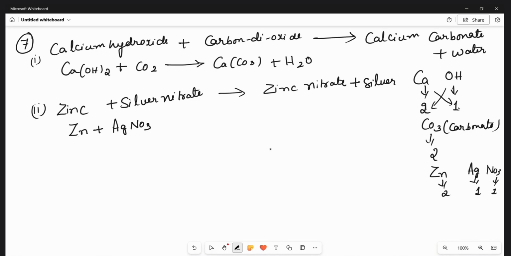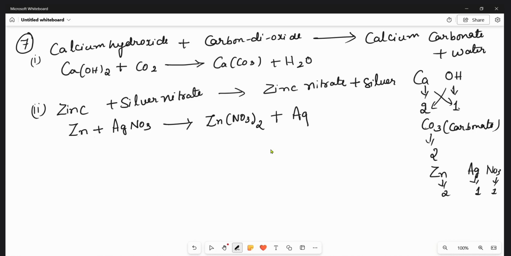You will get Zn plus AgNO3. Zinc reacts with silver nitrate, we get zinc nitrate, Zn(NO3)2, because NO3 valency 1, zinc valency 2. So we will get Zn(NO3)2 plus silver.